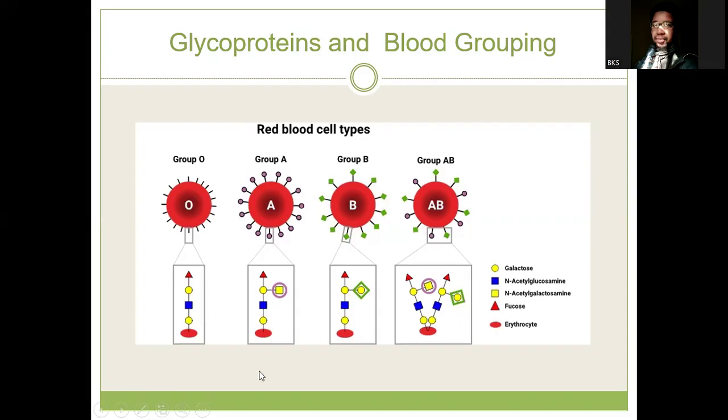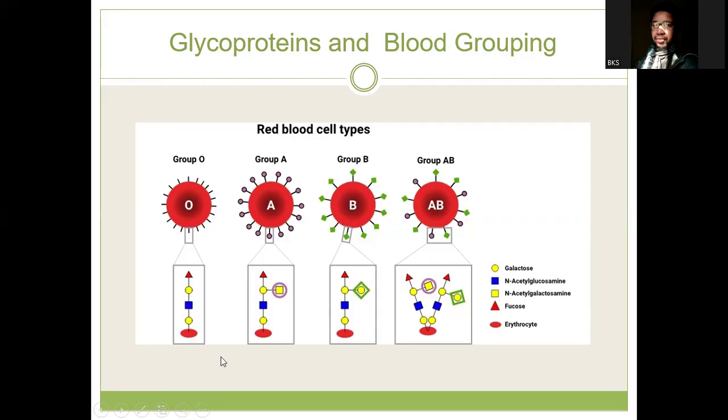The first one is yellow, which is galactose. The second one is blue, which is N-acetylglucosamine. The third one is yellow round, which is still galactose. The fourth one is red and a triangle, which is glucose. So when you have an individual with a cell that contains these sugars, that individual is blood group O.